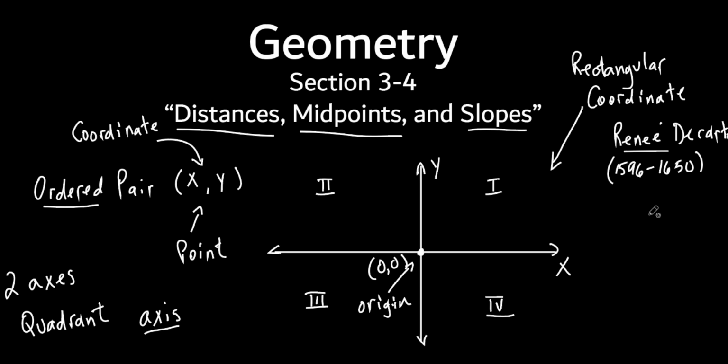Anyway, they gave it his name and they call it the Cartesian plane. Sometimes they'll call it the Cartesian coordinate system instead of rectangular. Do you see where his name is in there? It's the cart part, C-A-R-T-E-S.